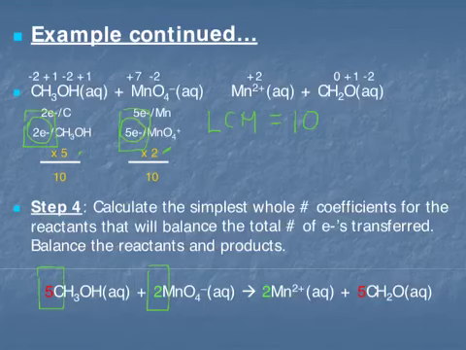Our next step is relatively straightforward. Our sub-step is to balance the reactants and products. Because we have 5 carbons on the left, we need 5 carbons on the right, and the only way to do this is to put a 5 in front of the formaldehyde, CH2O, and then to balance the Mn, we have to put a 2 in front of the manganese ion.